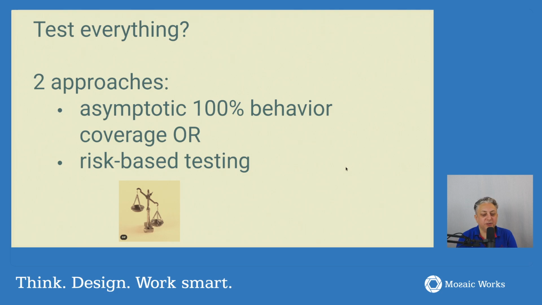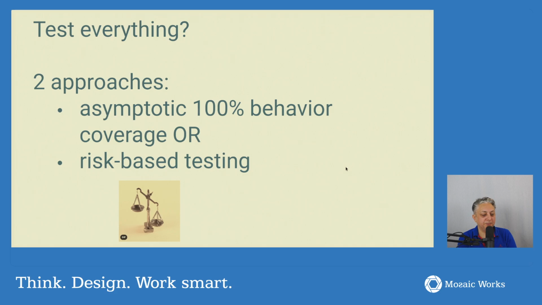The other approach is something called risk-based testing. Risk-based testing takes the approach of looking at your code base, at your architecture, and figuring out, okay, what are the parts that absolutely need to work 100% or we will lose money? These are the ones that we absolutely need to test.